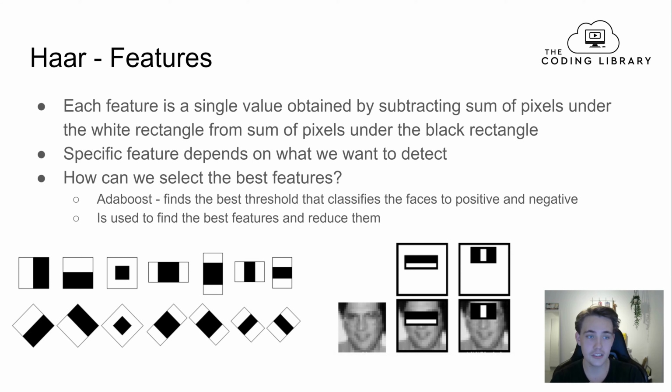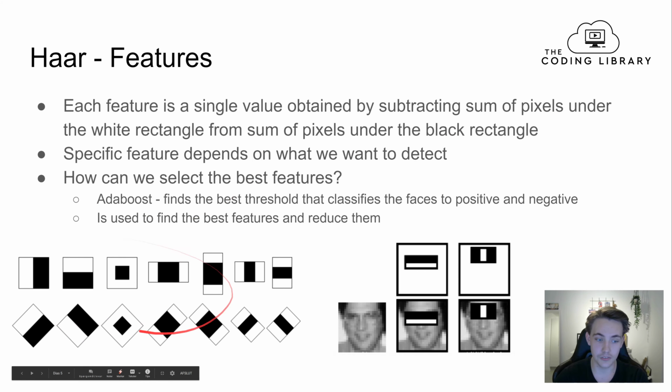When we're going to talk about these different kinds of features that we're running over in our Haar Classifier, each feature is a single value obtained by subtracting the sum of pixels under the white rectangle from the sum of the pixels under the black rectangle. Down here we can see these different kinds of kernels or features that we can run over our image, as we can see to the right here.